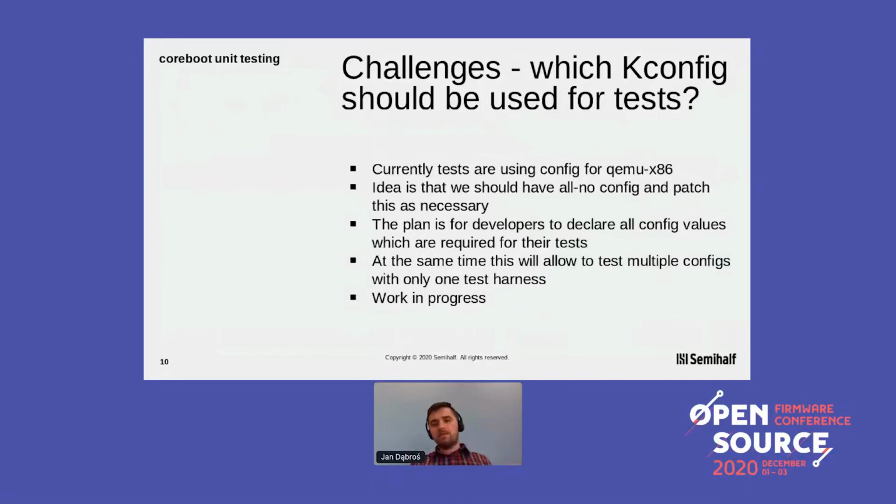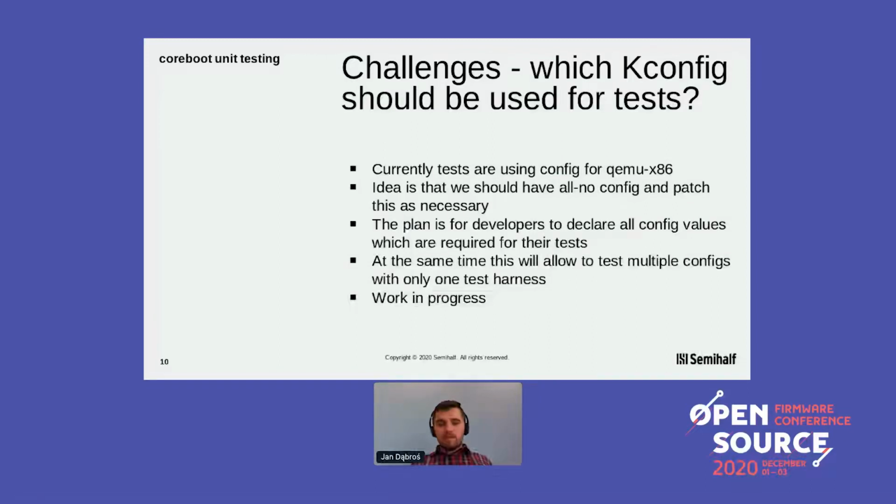Currently, unit tests are using the QEMU x86 config, and this is not ideal since we have some assumptions, like for example architecture and usage of ACPI, etc. Also, this may bring some weird issues for developers, since they won't be sure why code behaves this way.